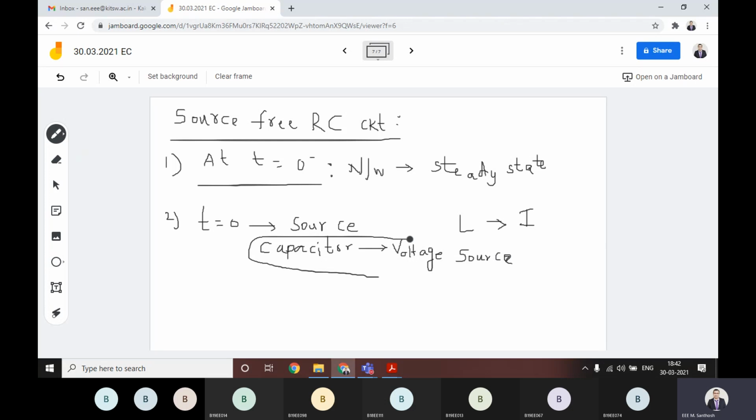Simply, the network is at steady state condition at 0 minus, that means before switching on. After switching on, when you connect the source, at 0, source free means the source is disconnected.